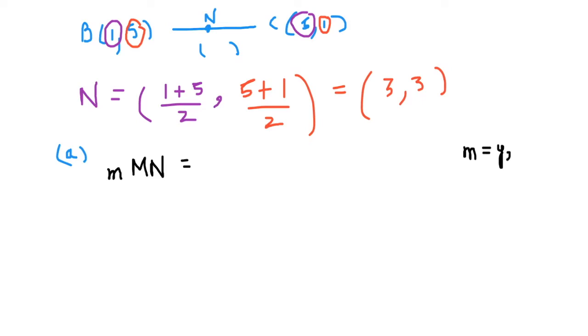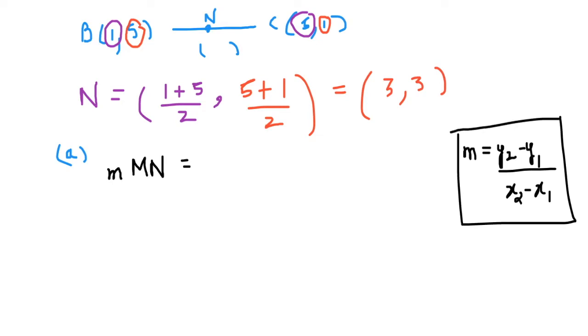It is y2 minus y1 upon x2 minus x1. Gradient is also rise over run. So the y coordinate should be in the numerator and the x coordinate, which is run, should be in the denominator. Rise shows the vertical movement and run shows the horizontal movement.